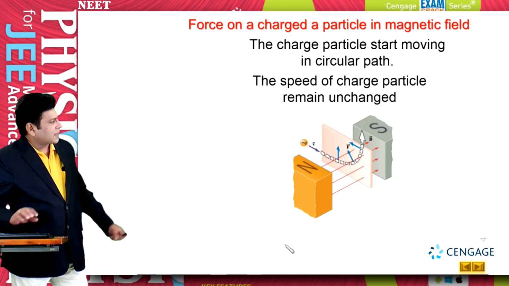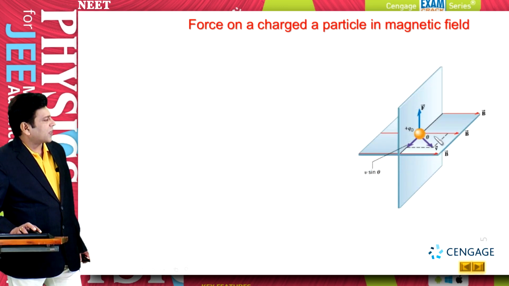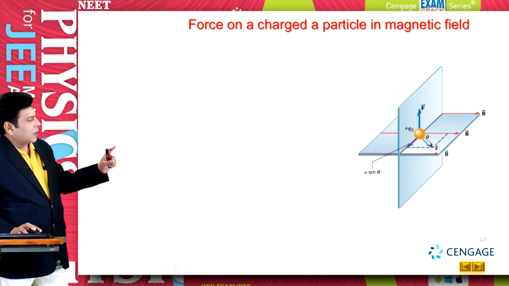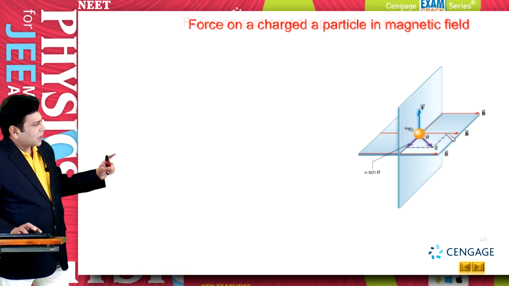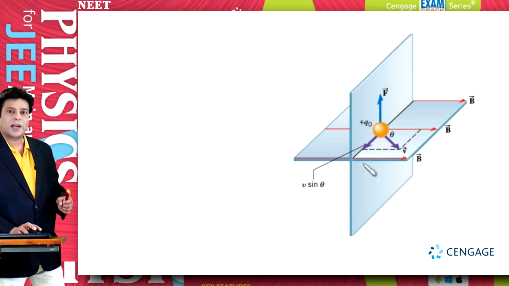Now let us generalize the case. Let us start moving the charged particle in any direction, say theta with respect to the magnetic field direction. You can follow the diagram here. What we can do, we can take the component of the velocity parallel to the magnetic field and perpendicular to the magnetic field.